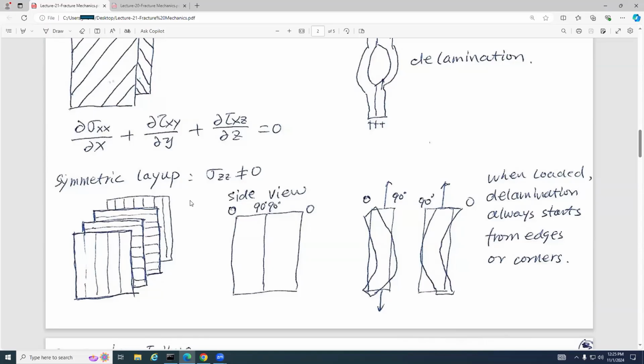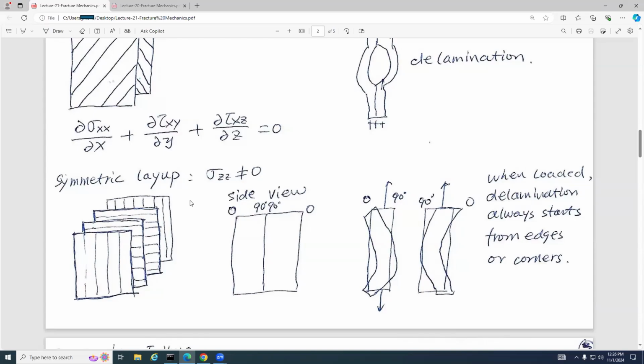That means the first one and the fourth one have the same fiber orientation. But for the second layer and third layer, the fibers are oriented horizontally. So these two are sandwiched. These four plies are sandwiched together: the first layer, fourth layer, and the second and third layers.